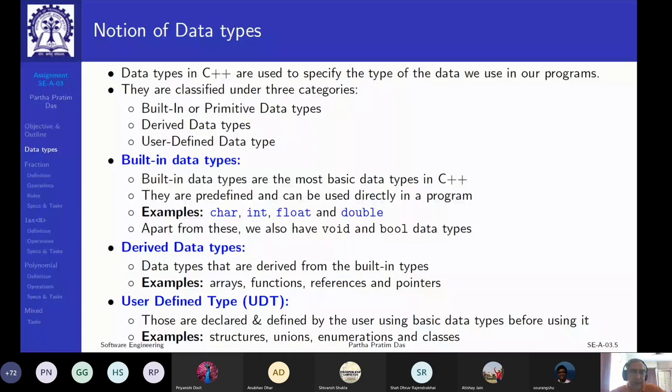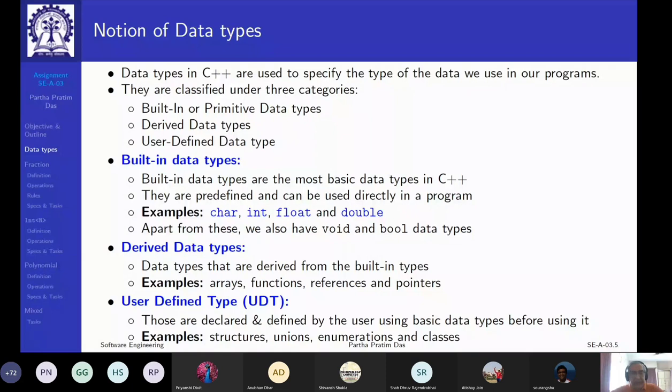And as you have learned, there are three categories of data types broadly. One are the built-in or primitive data types, like char, int, float, double, etc. They are predefined. They can be directly used in the program, and they have their built-in operations. Apart from this, we have void, we have bool data type as well in C++.